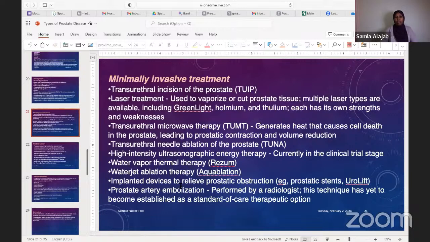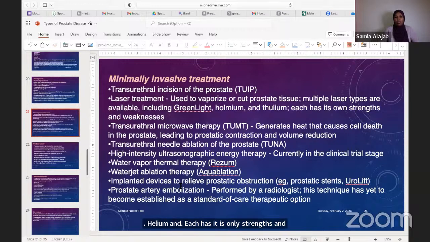Okay, so minimally invasive treatments include transurethral incision of the prostate. We can also use laser treatment to vaporize or cut the prostate tissue. Multiple laser types are available, including green light, holmium, and thulium. Each has its own strengths and weaknesses.